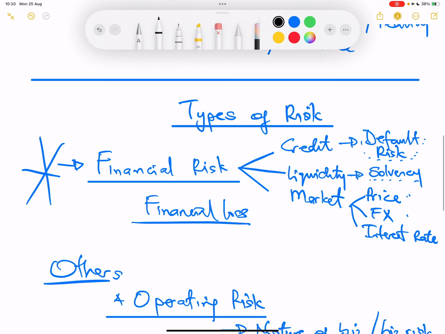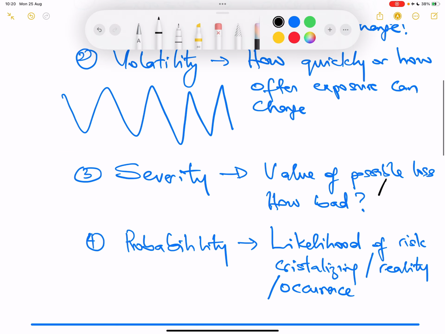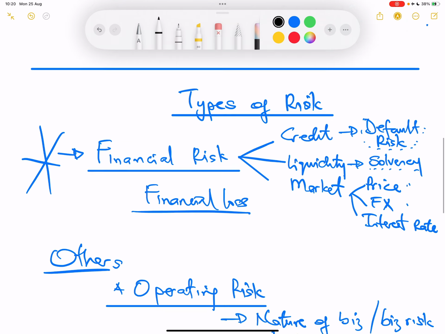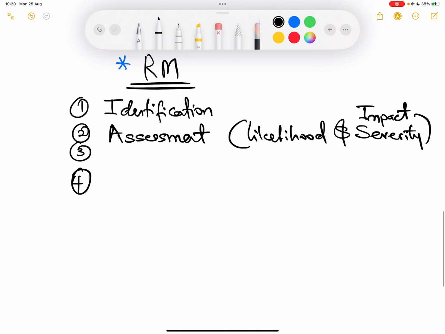How much suffering will you feel if the risk actually crystallizes? That is what the assessment is trying to determine. Because once you know that, then you can now mitigate. And that is the third stage, mitigation. And that is talking about what should be your response to the risk.